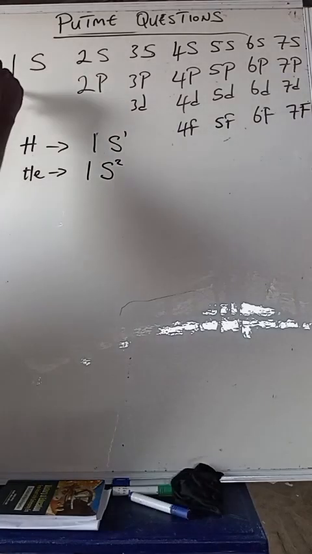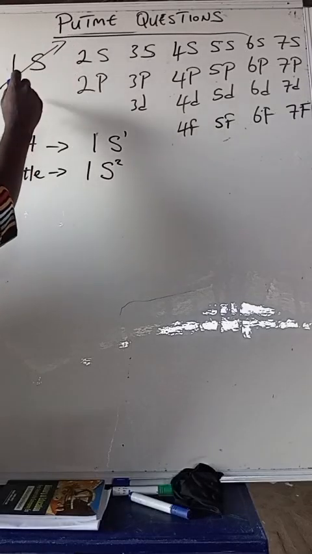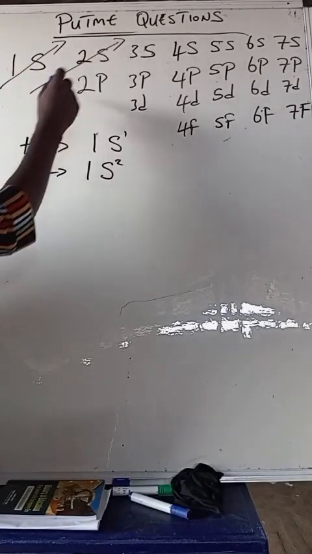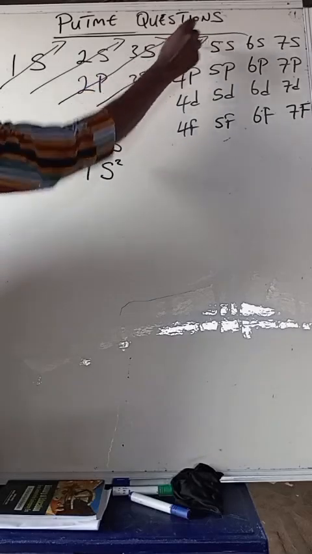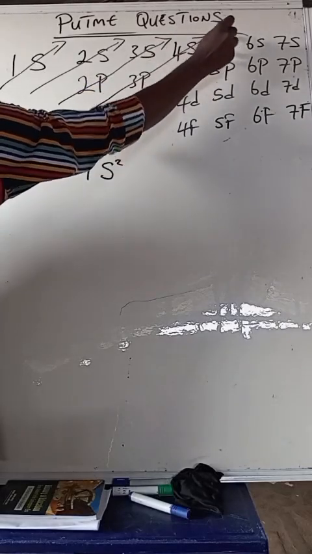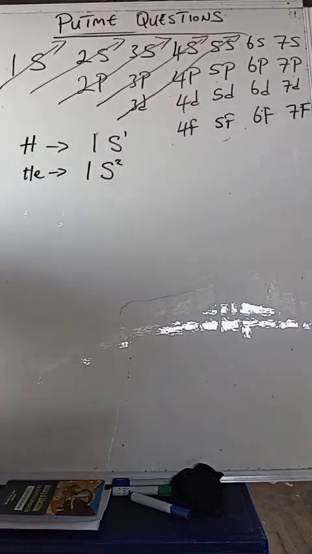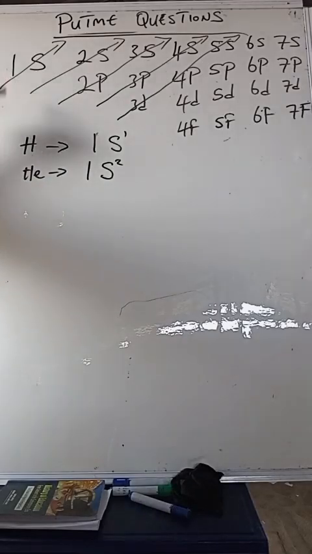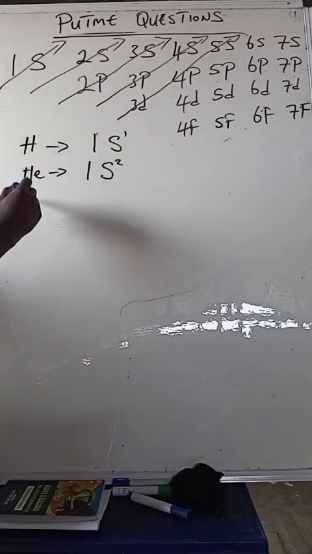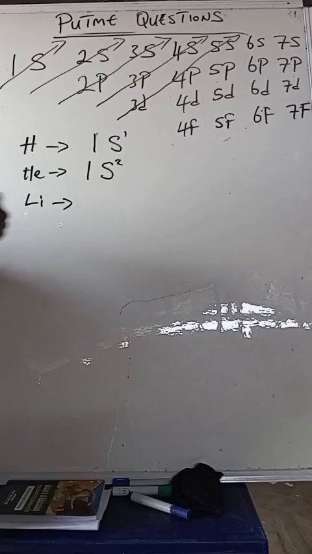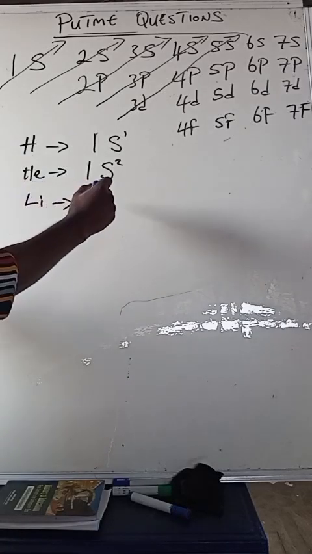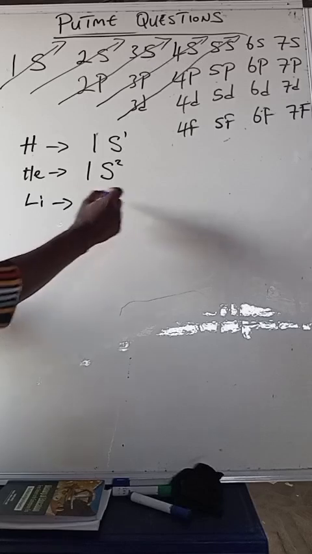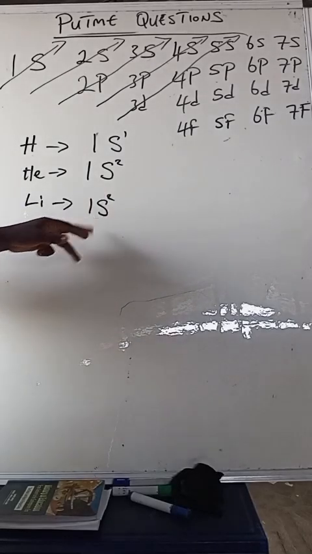I'll put this arrow like this so that we can see how these are arranged. The next element, lithium, in spdf format will be 1s2, because this one is filled up.